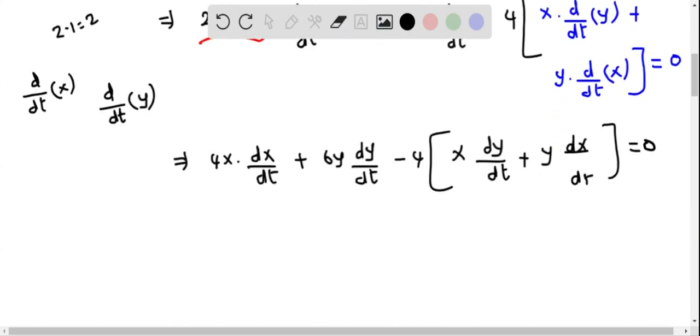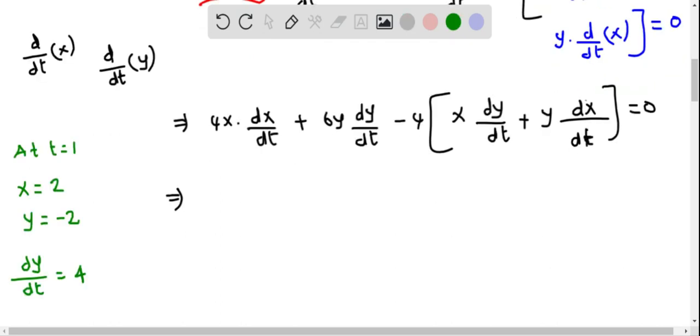Again I'll write this down clearly. This is dx over dt. Now we are done with this derivative.